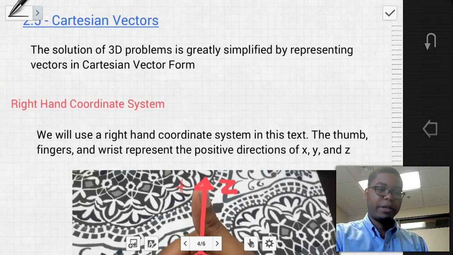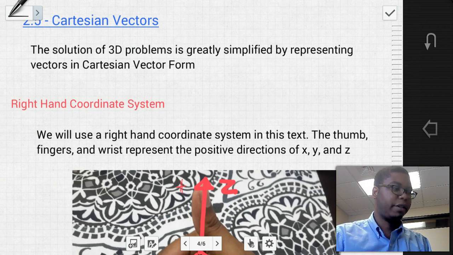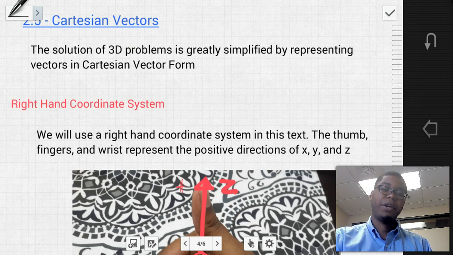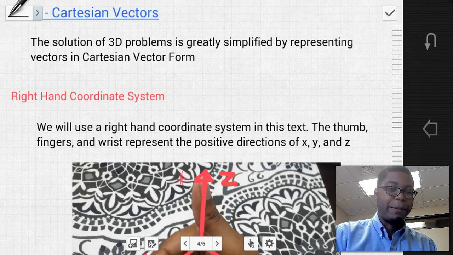So now let's go ahead and look at the next section in the book. This is section 2.5, Cartesian vectors. The solution of 3D problems is greatly simplified by representing vectors in the Cartesian vector form, as we just demonstrated.